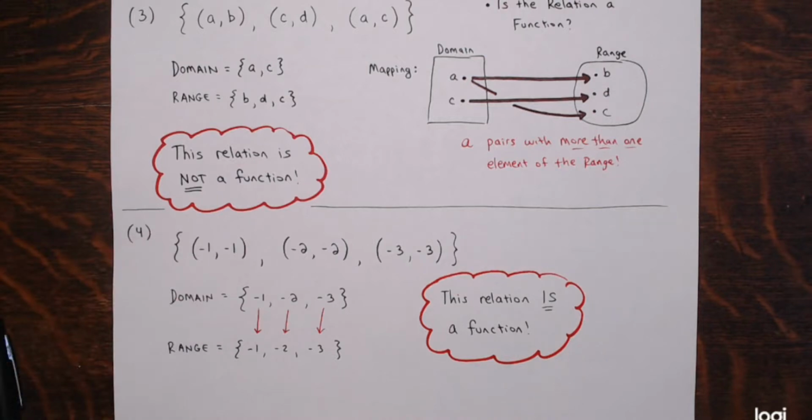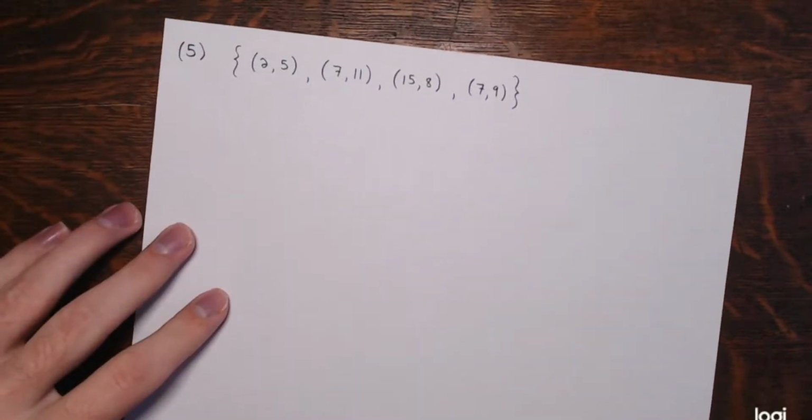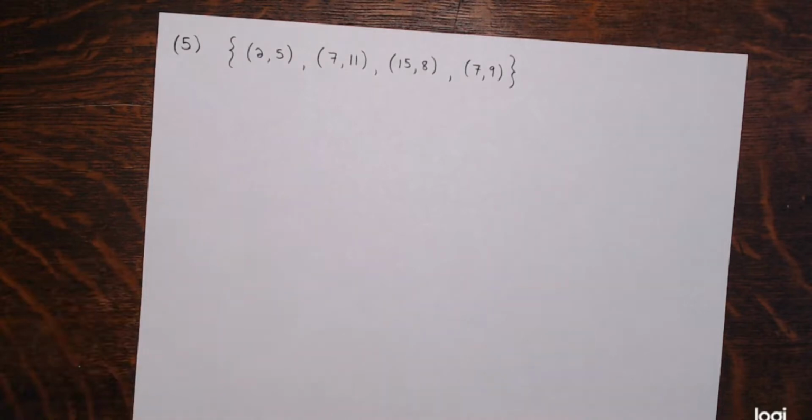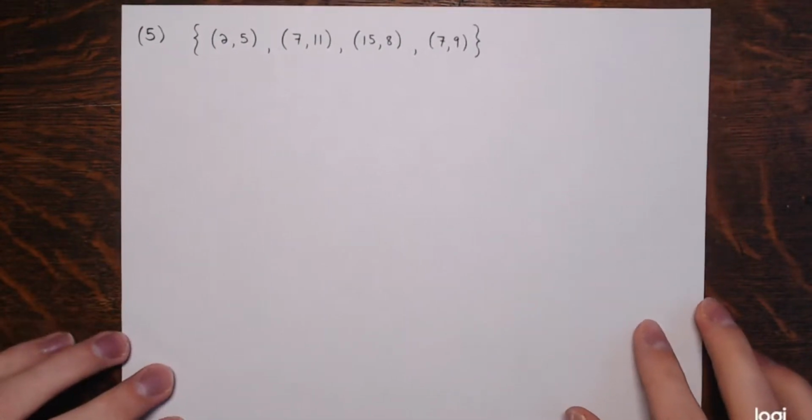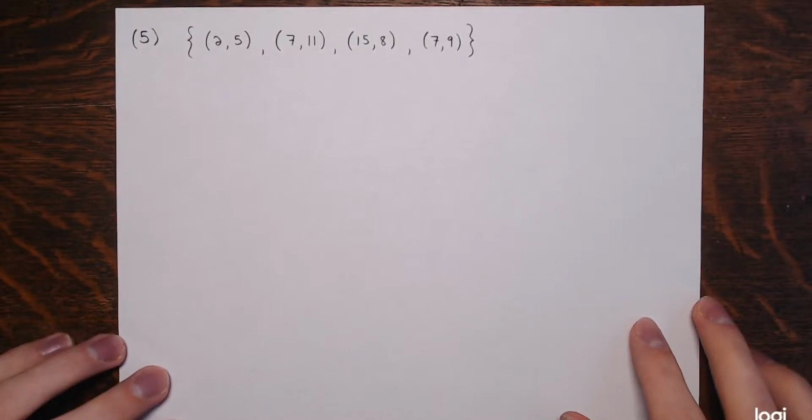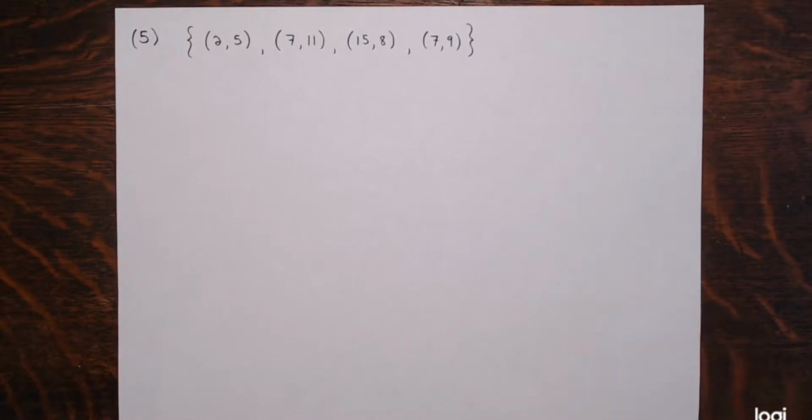Moving on. The next one's very similar. Another set of ordered pairs. And then after this, we're going to get into equations that represent relations with infinitely many ordered pairs.